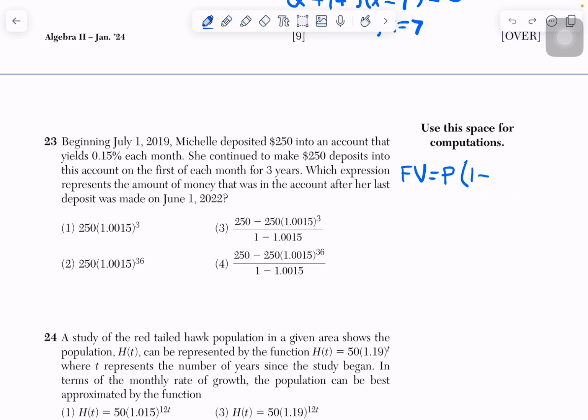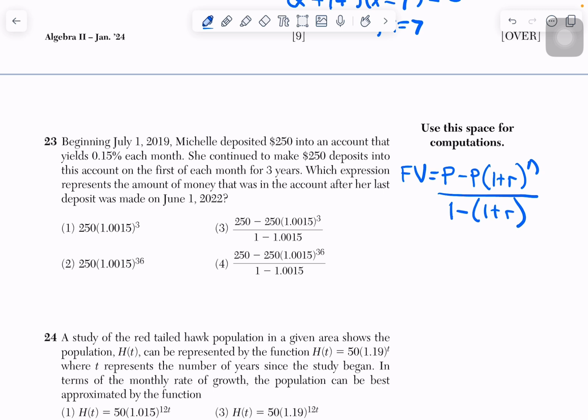I have two versions of it here. I'm sorry. P minus, and we did this in another. This was the form we used before. Right, P minus 1 plus r raised to the n, and in the bottom was 1 minus 1 plus r.